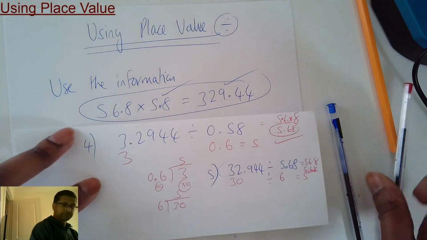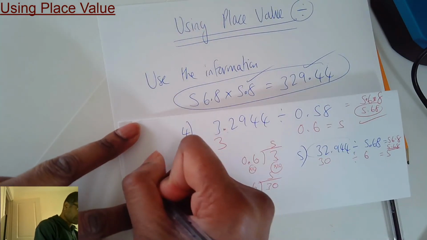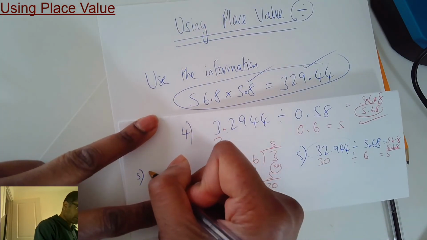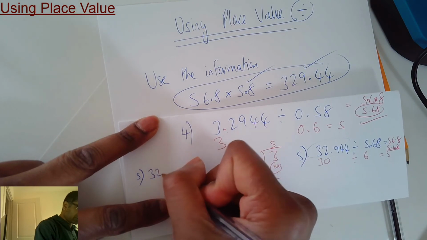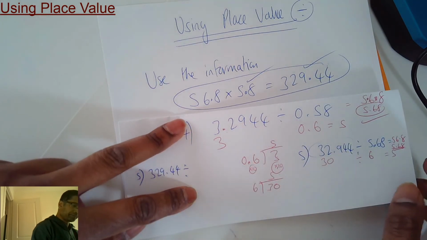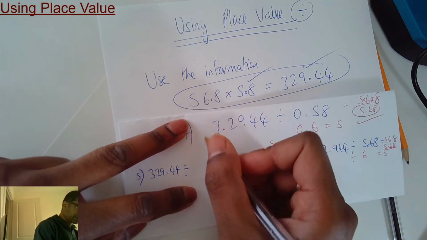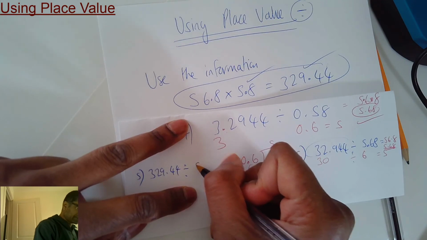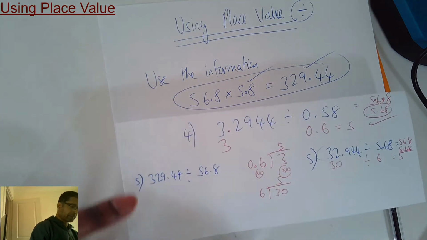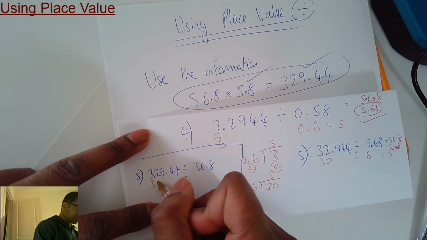Last one. We'll try 329.44 divided by, this time I'm going to use this bit here. Let's call that 56.8. So that's around about 300.